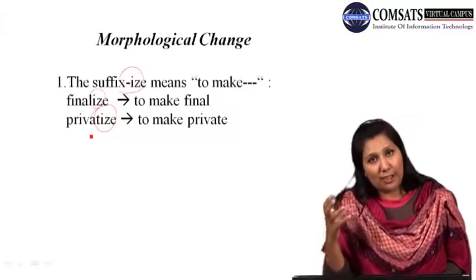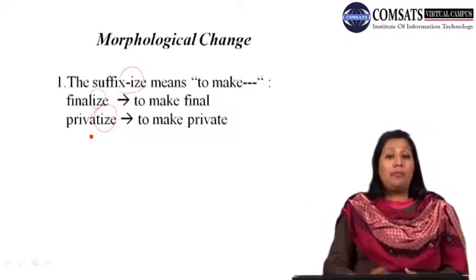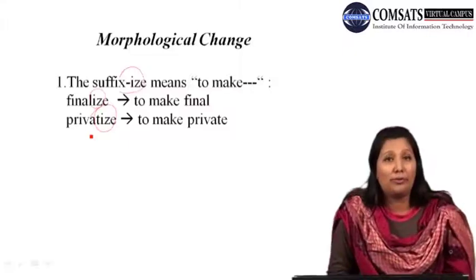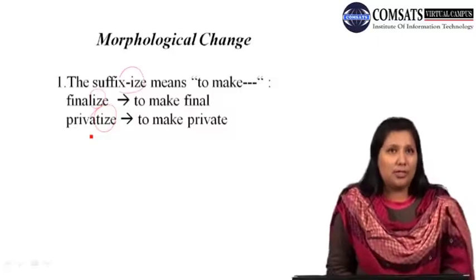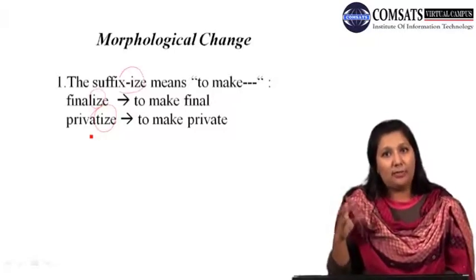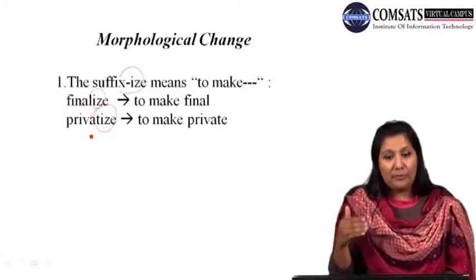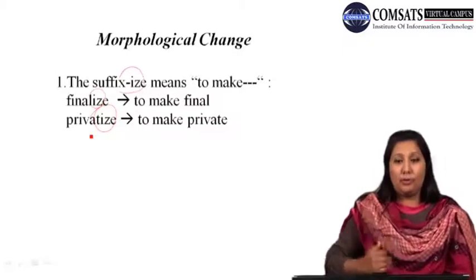It was a morphological change. Morphological change is a change that comes in the forms of the words, where you are changing the words. The change occurs on the morphological level, on the level of the words.